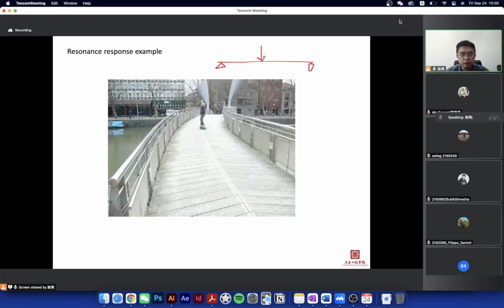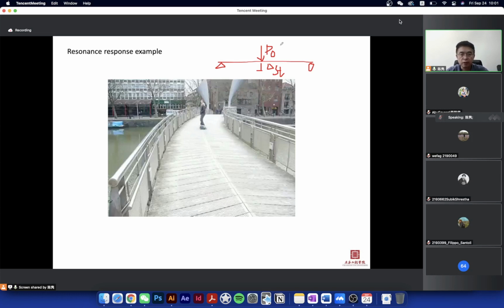Here it's P0, a static load. It will generate some deformation of the bridge, which is delta ST, the static deformation. And the static deformation is very, very small, because the weight of the person compared to the weight or stiffness of the structure is very small.